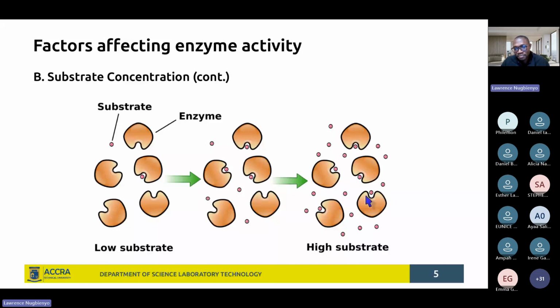In that case, the rate of the reaction will not change even if you continue to add more substrate in the system, because even when you are adding that amount of substrate more and more, there will not be free enzyme molecules to act on those substrates. And so you have the rate being constant.